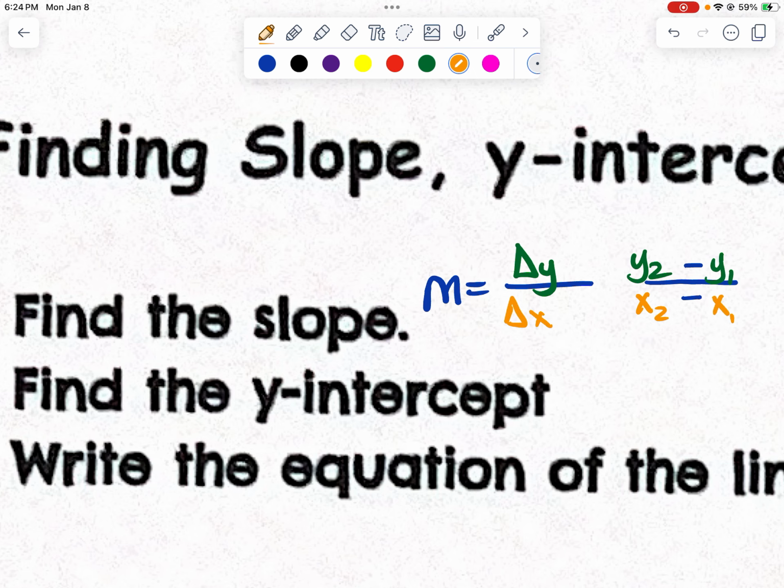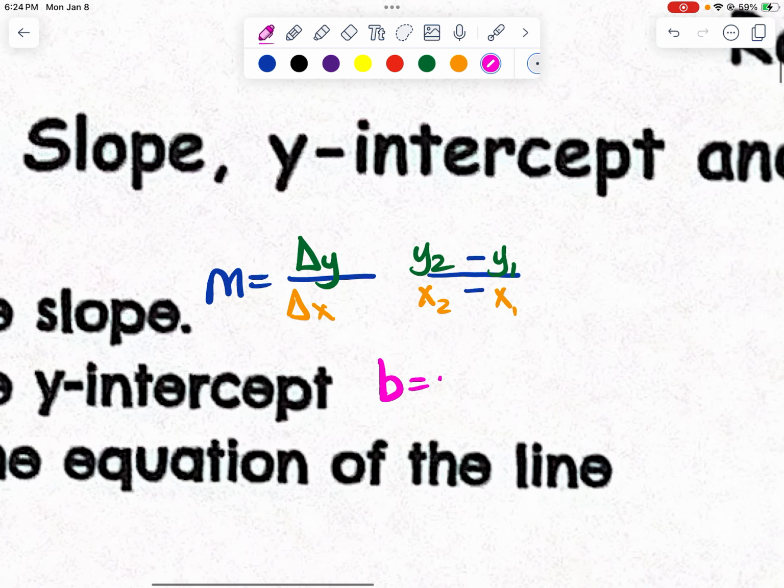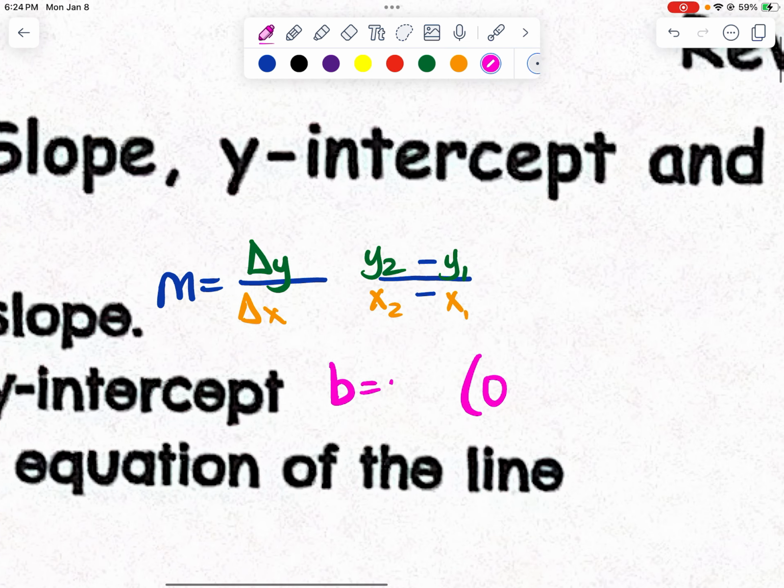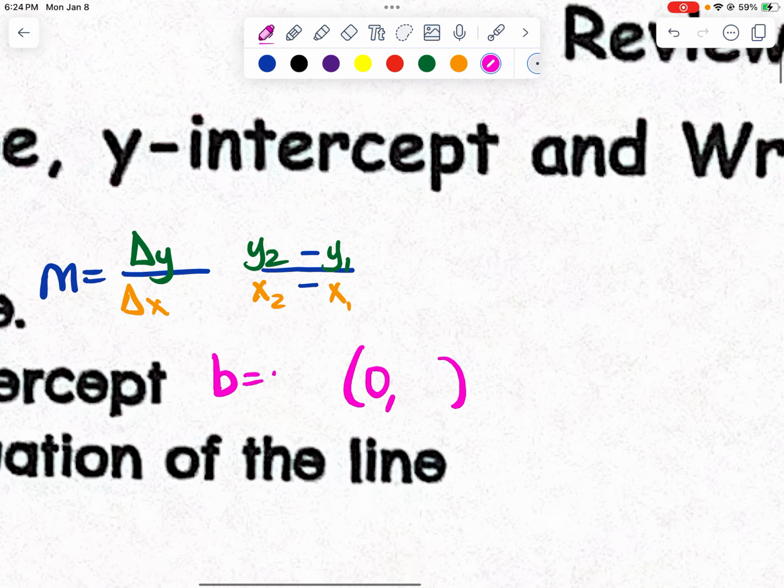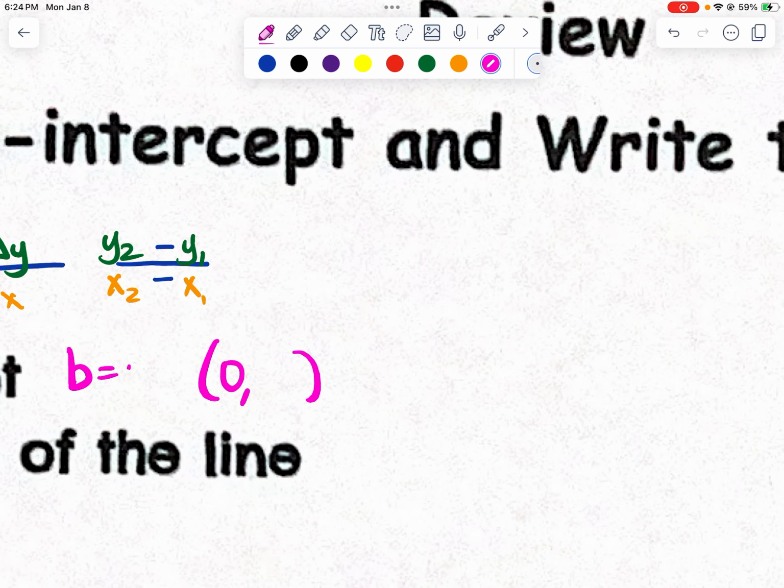Find the y-intercept. That's going to be b equals, and remember, that's when x is equal to 0, and you find the y value. Now, if you haven't been given the y-intercept, first you need to find the slope.